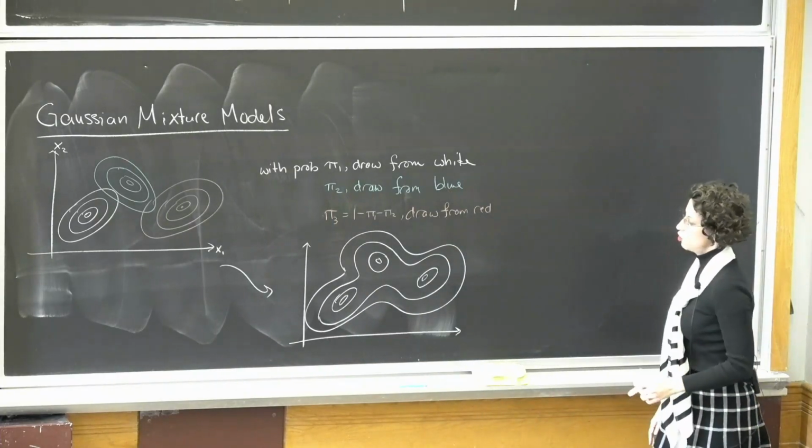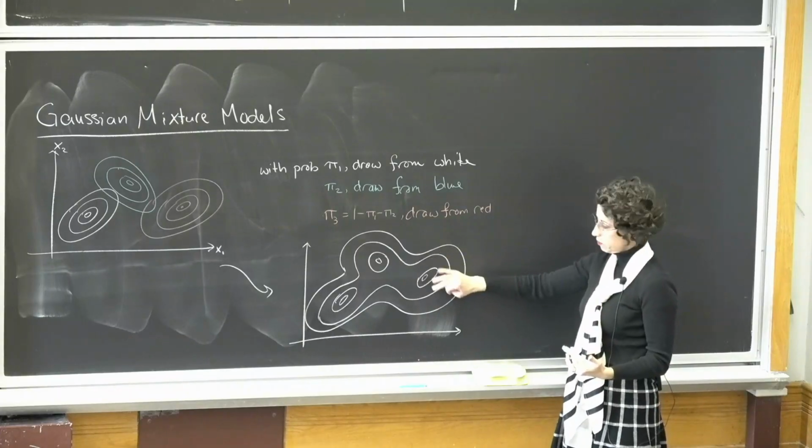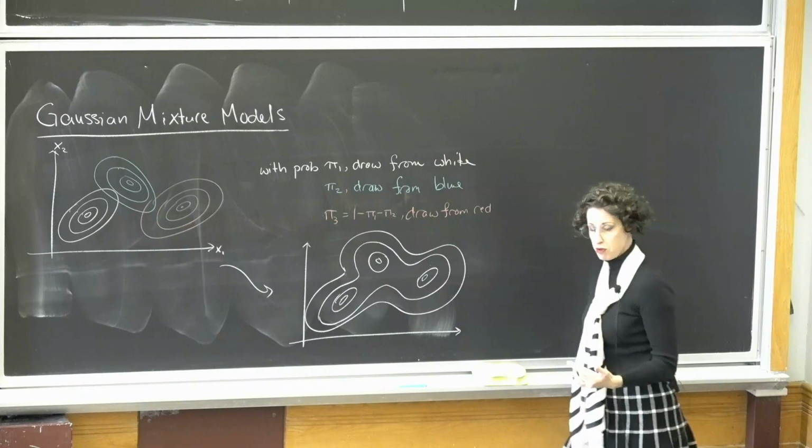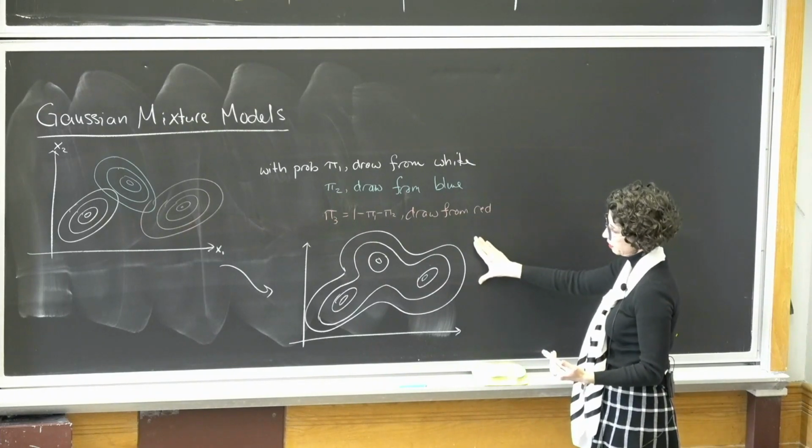Okay, so here is a distribution now where there are multiple different modes or peaks. So this is not Gaussian.